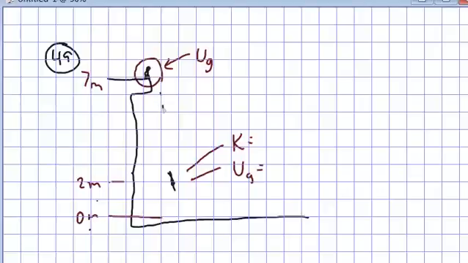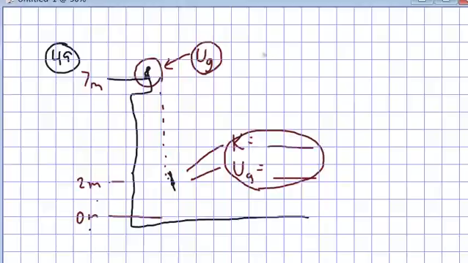As the diver plummets to the water, that potential energy of gravity will become less. The kinetic energy will increase from 0, but whatever this value is here should equal these two combined if the total energy stays the same.